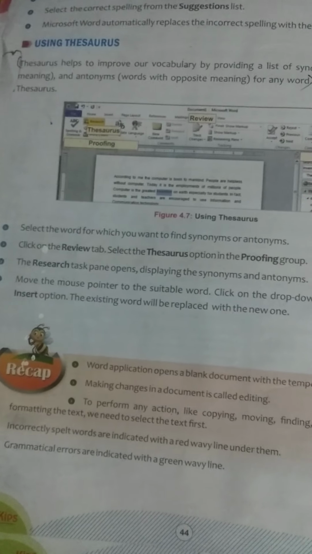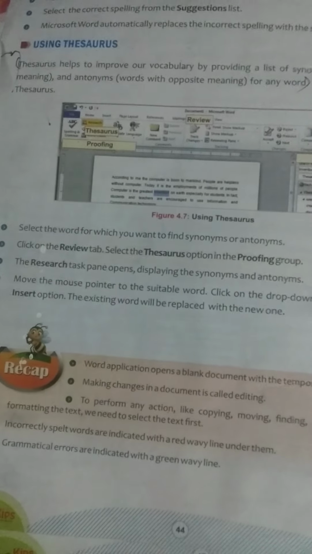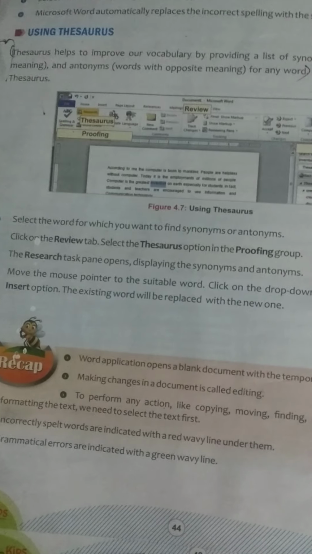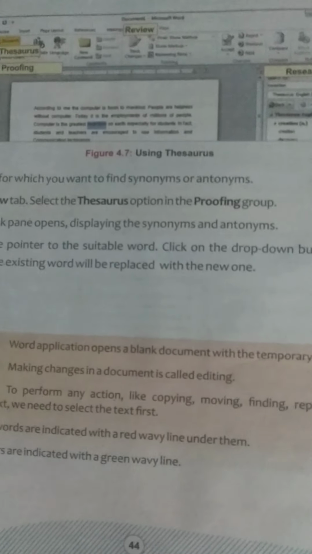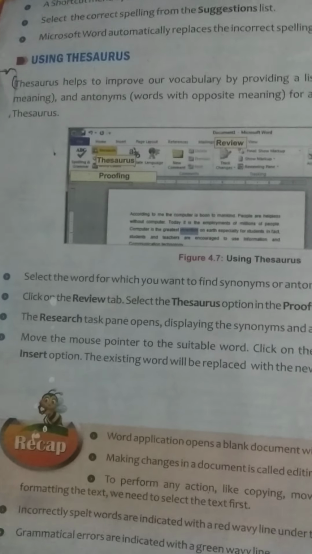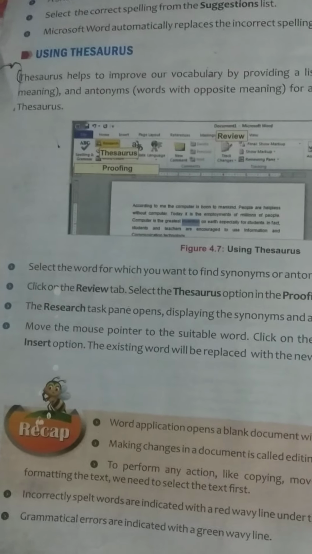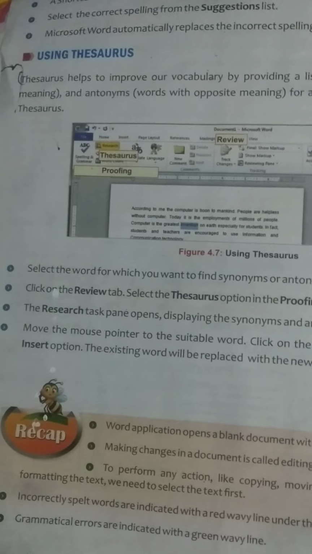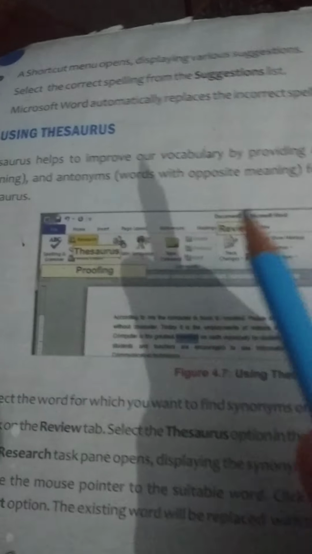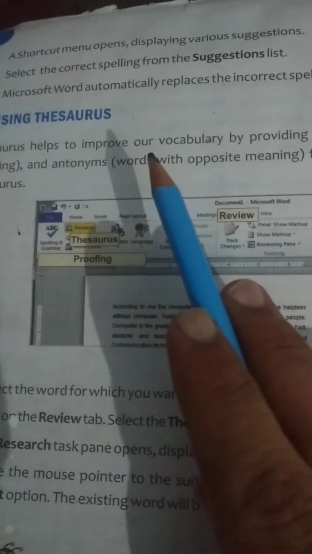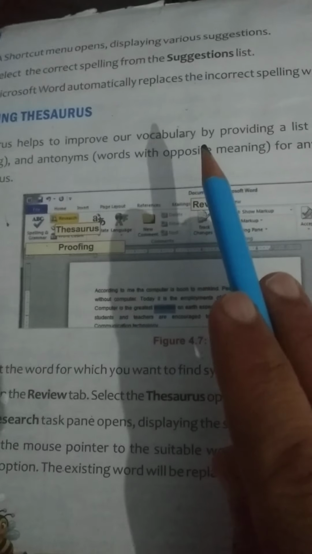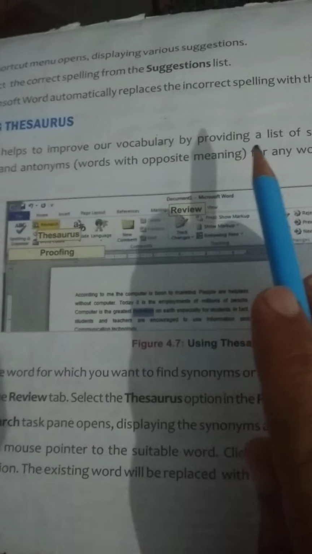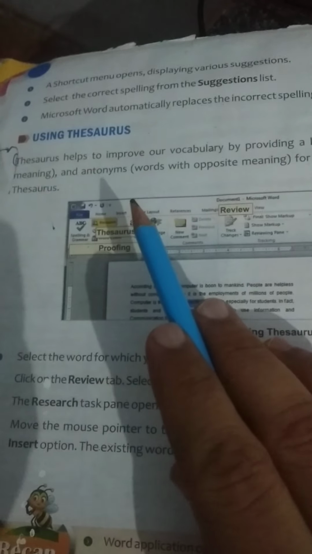Now we are learning the last option in this chapter, thesaurus. Page number 44, using thesaurus. Firstly, what is thesaurus? Thesaurus helps to improve our vocabulary by providing a list of synonyms and antonyms.